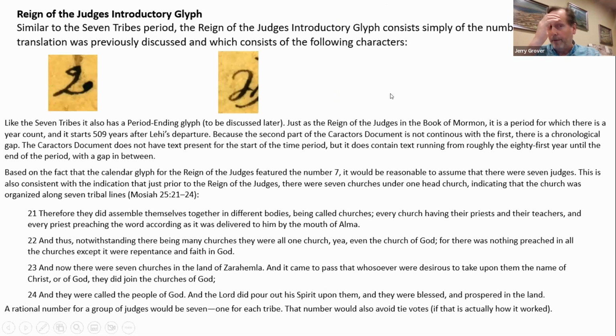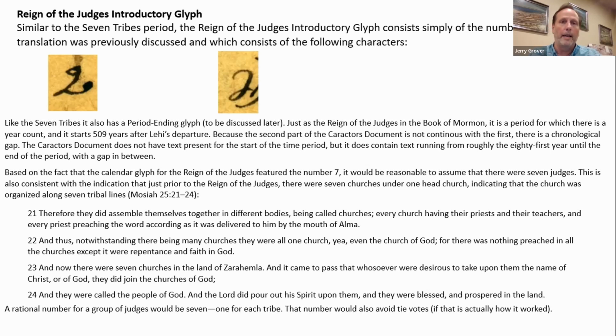So it correlates with the Reign of Kings. The next one is the Reign of Judges introductory glyph. And again, these are stylized. They're not matching the number exactly, but they're a form of the number that I previously talked about. So this is a stylized number 7, which is interesting. I'll talk about the 7 tribes. I just cut and pasted here. The number 7 looks to be indicative that there actually were 7 tribes, so there probably were 7 judges.